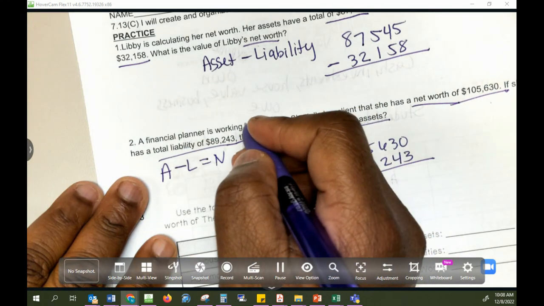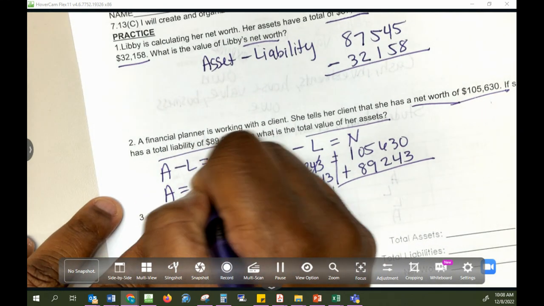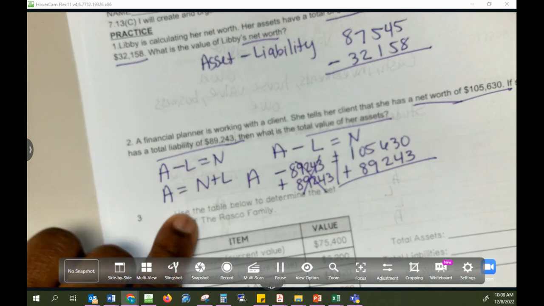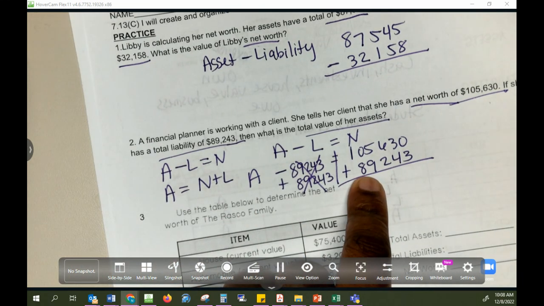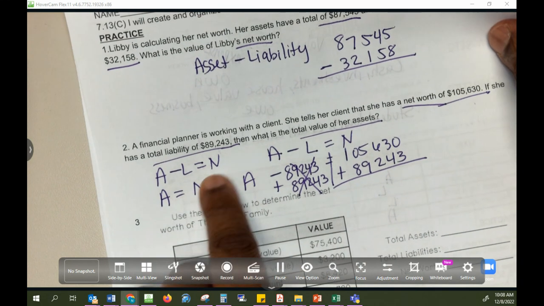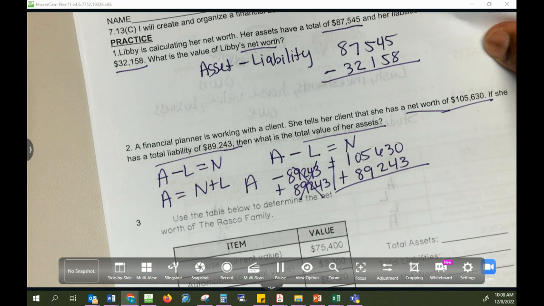I will add it to the other side. So A will be equal to N plus L. Does that make sense? Isn't that exactly what we're doing here? If I'm looking for the A, which is the asset, that's all I'm doing.